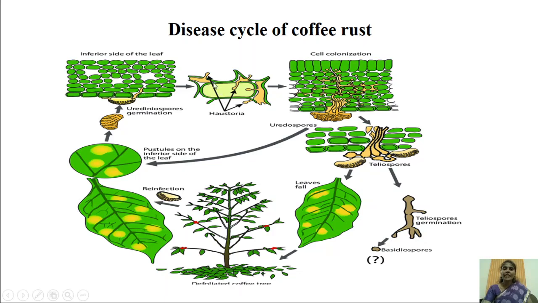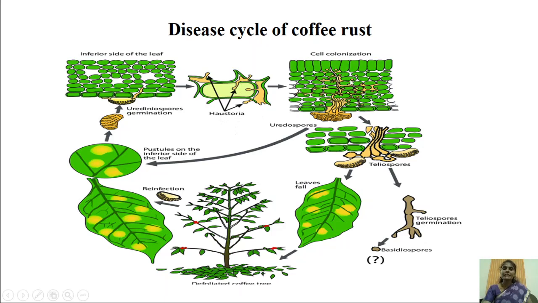The hyphae are both intercellular and intracellular. The hyphae proliferate in between the cells, and they produce certain knob-like absorbing organs called haustoria. Through these haustoria, it absorbs food from the host and establishes very well in the host tissue.